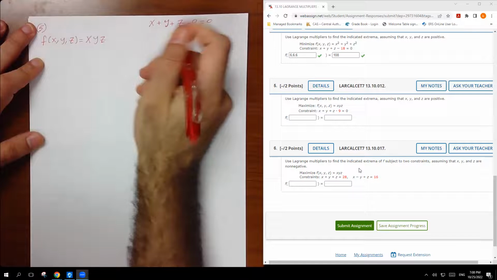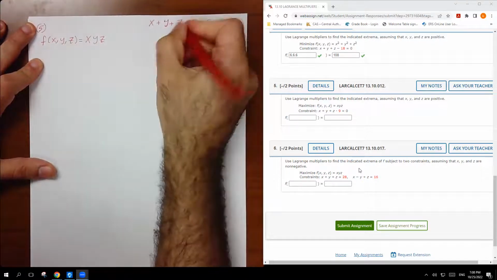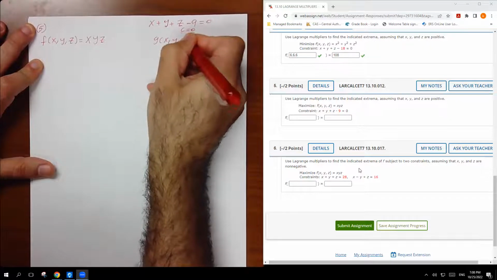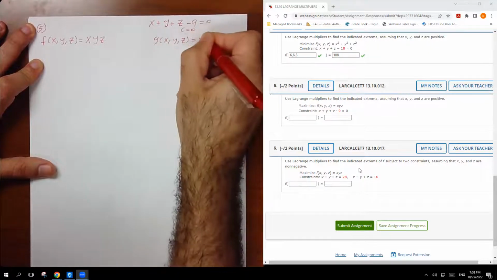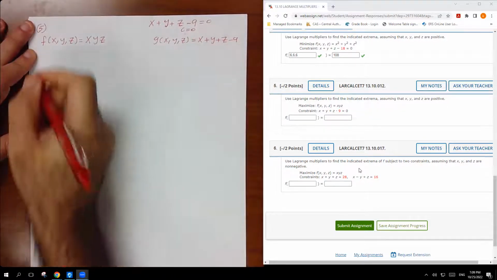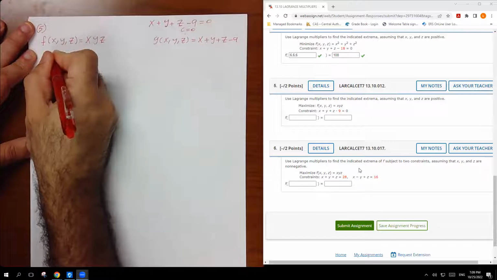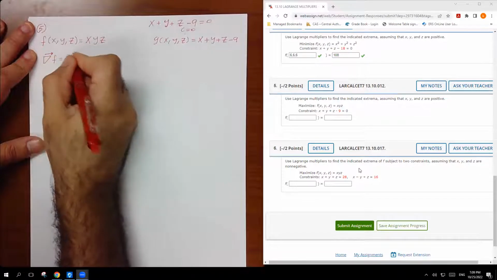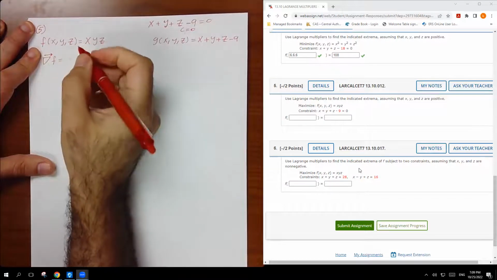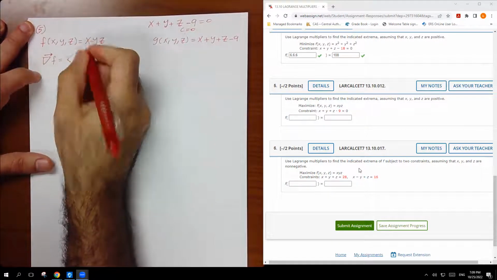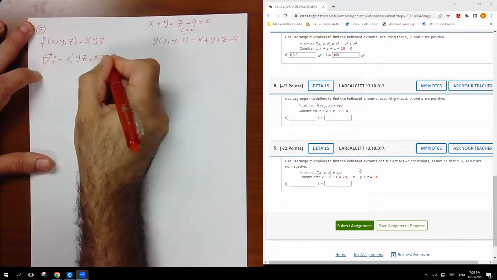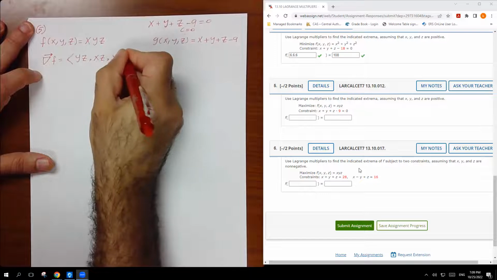That means g of x, y, z is going to be equal to x plus y plus z minus 9. Then the gradient for f is going to be, with respect to x, yz. With respect to y, it's going to be xz. With respect to z, it's going to be xy.